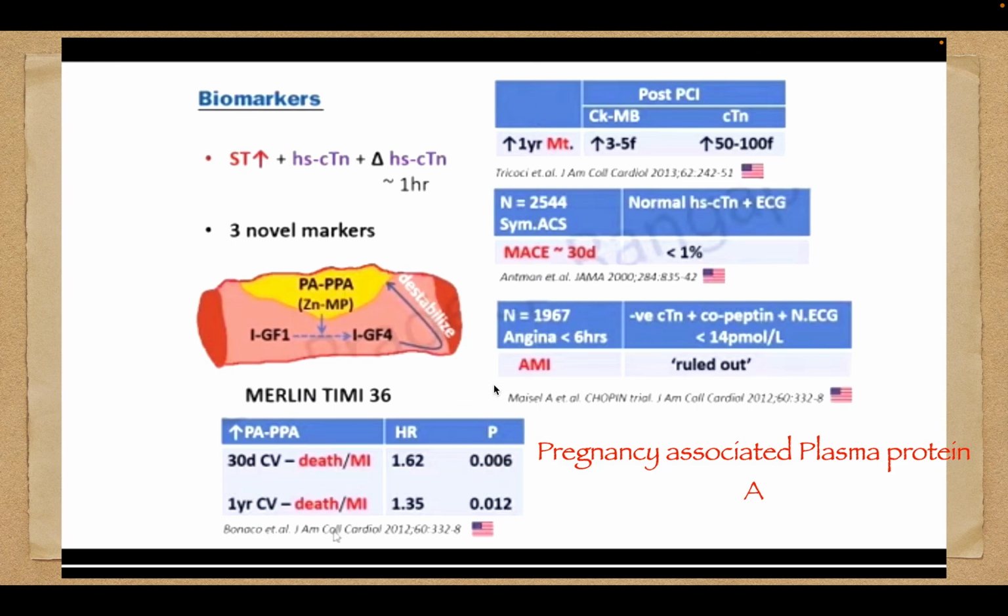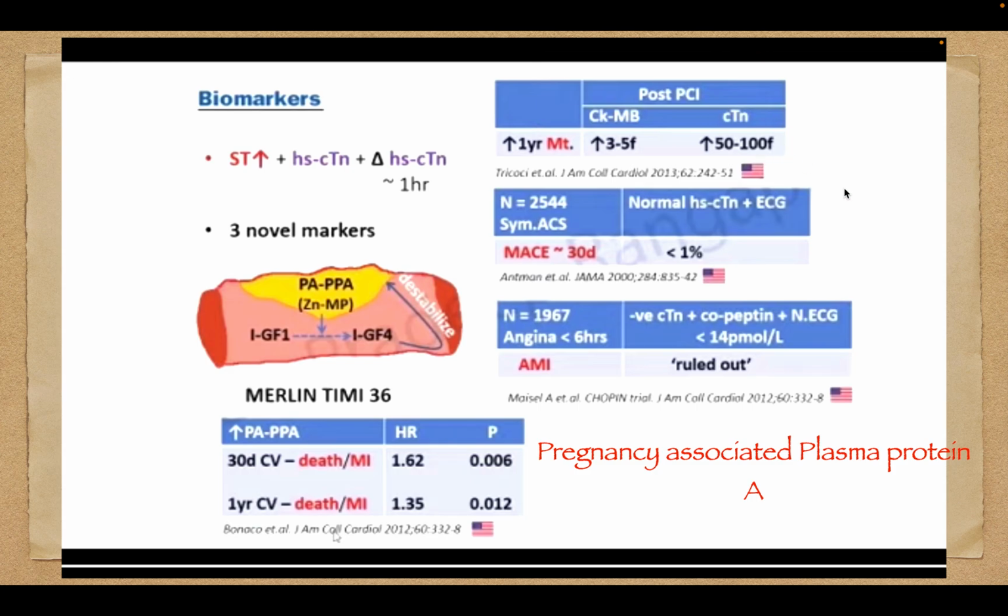There are three other novel biomarkers. One of them is pregnancy associated plasma protein A, or PAPP-A, along with IGF-1 and IGF-4. As you could see, in 1 year mortality, the CPK-MB was high as well as the cardiac troponins.